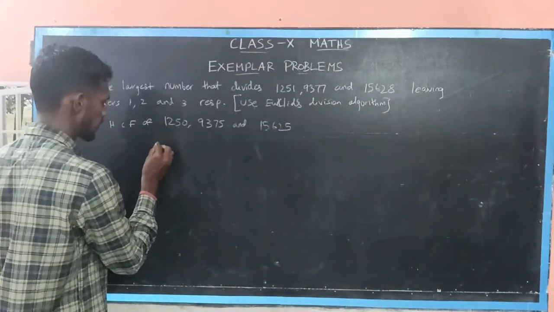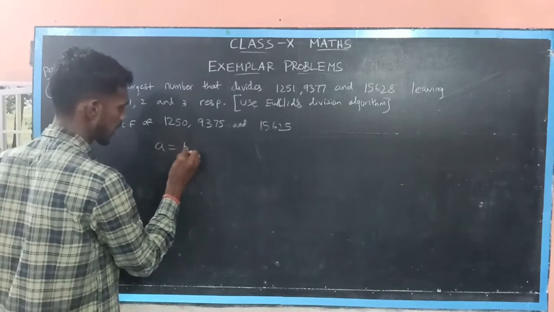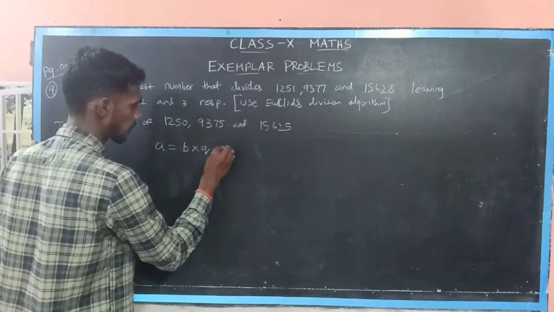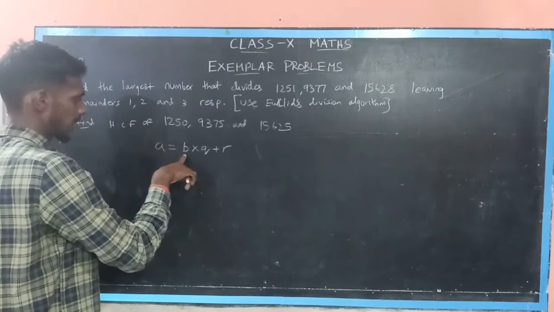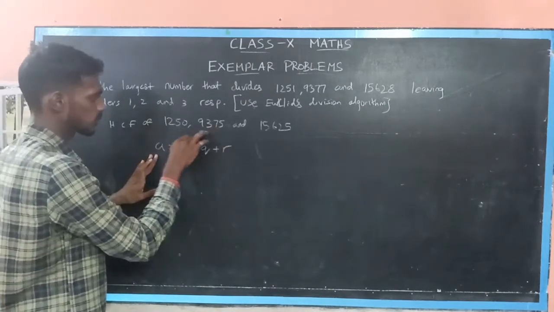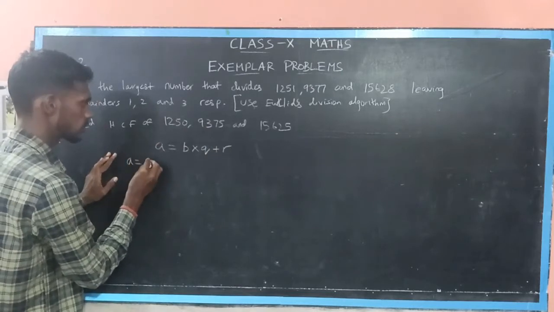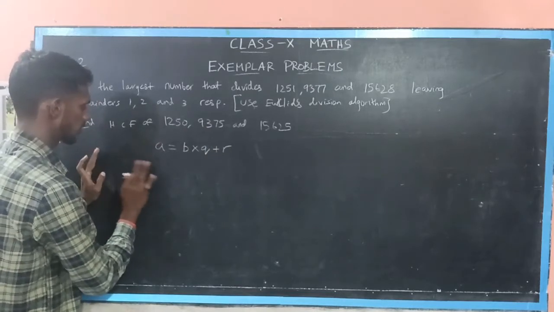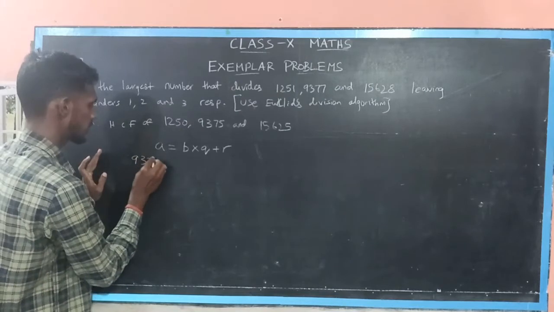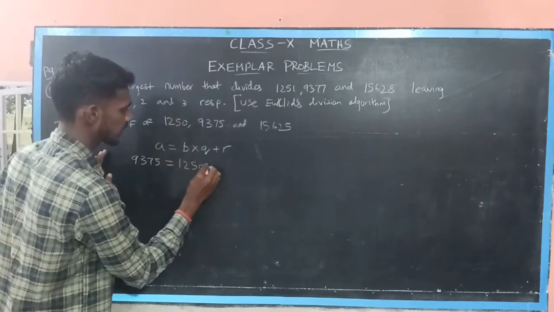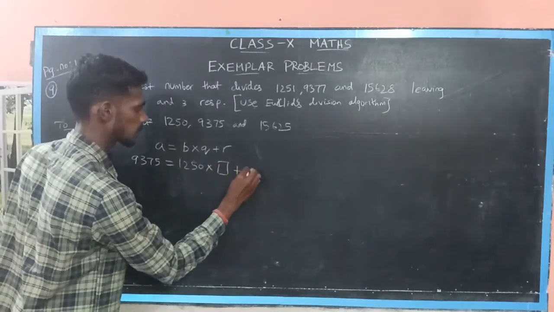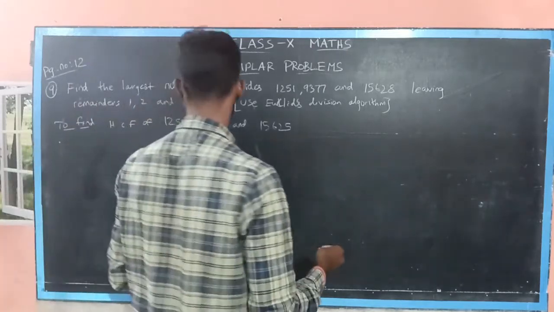According to Euclid's division lemma, the condition is A equals B into Q plus R. Substitute the values of A and B. A takes the larger value, so 9375 equals B value 1250 into some quotient plus some remainder.